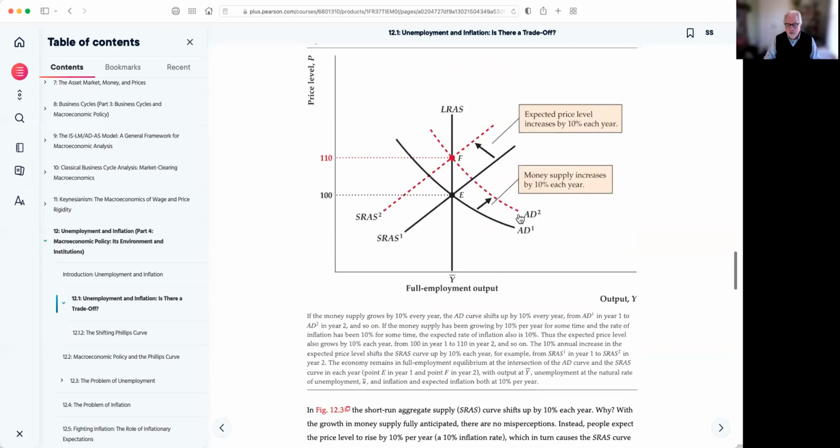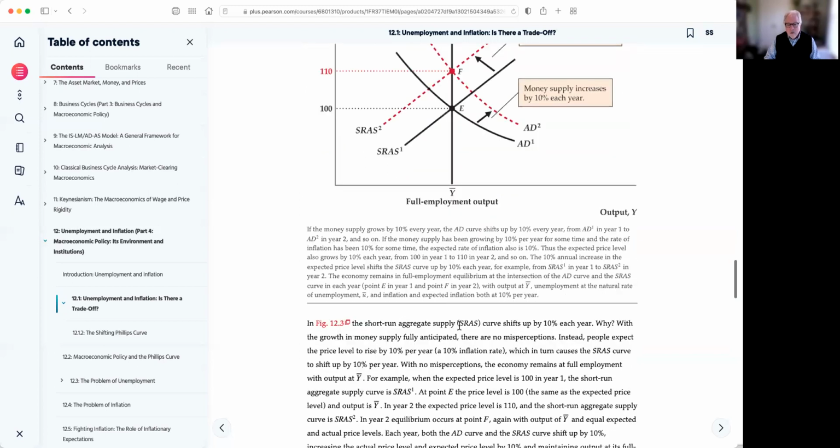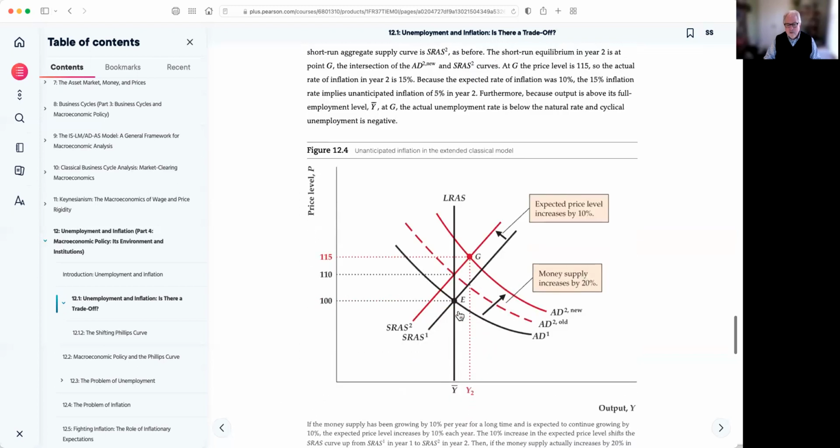It's this aggregate demand 2 and short-run aggregate supply 2, which would be F. But instead, aggregate demand shifts out further than what people thought. Maybe because the Federal Reserve increased the money supply more than what people were expecting. Or there was some other kind of positive shock.